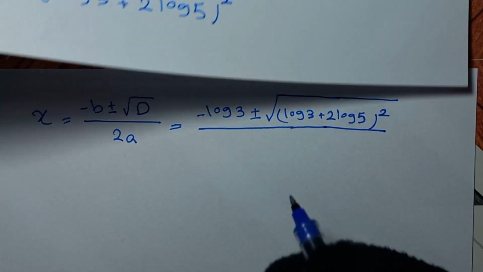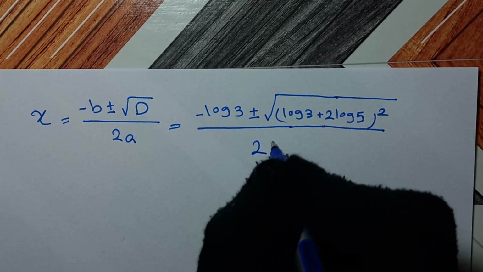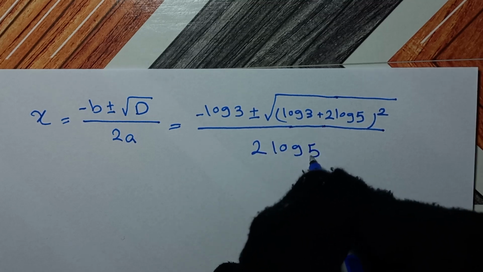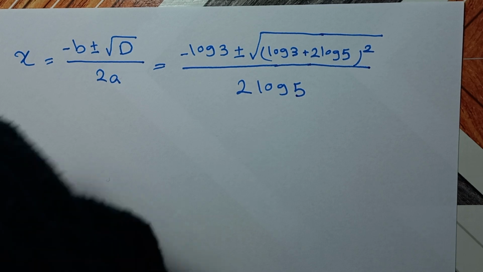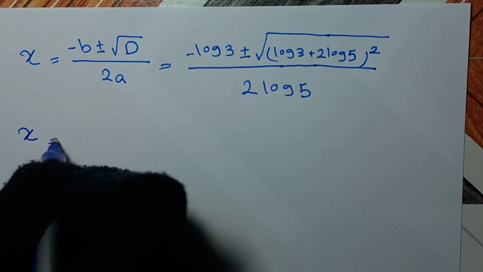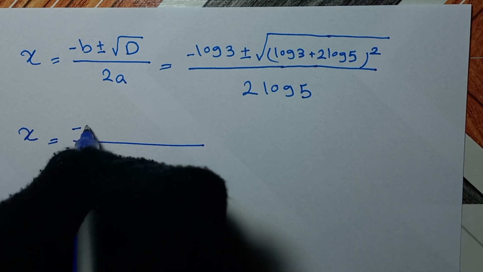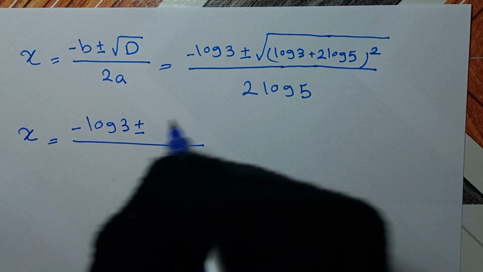And over 2a. A is log 5, so 2a it will be 2 log 5. So in here it will be x is equals to negative log 3 plus or minus.